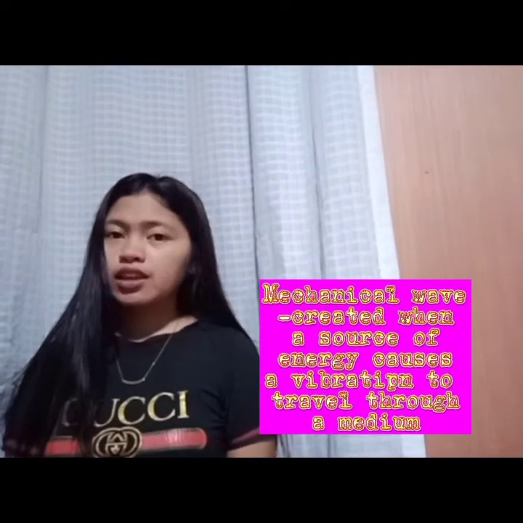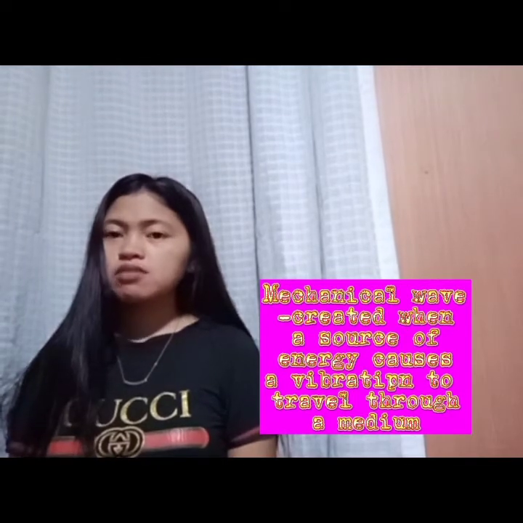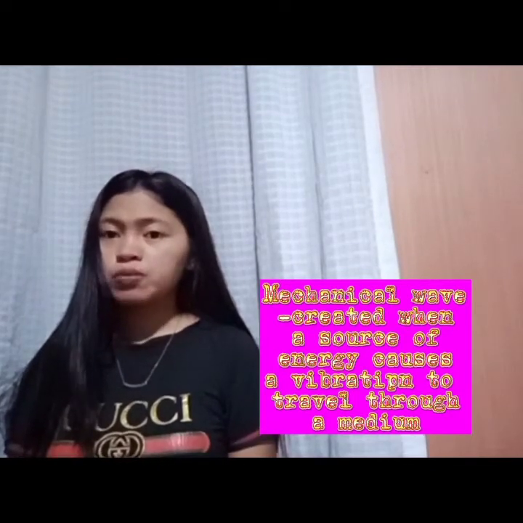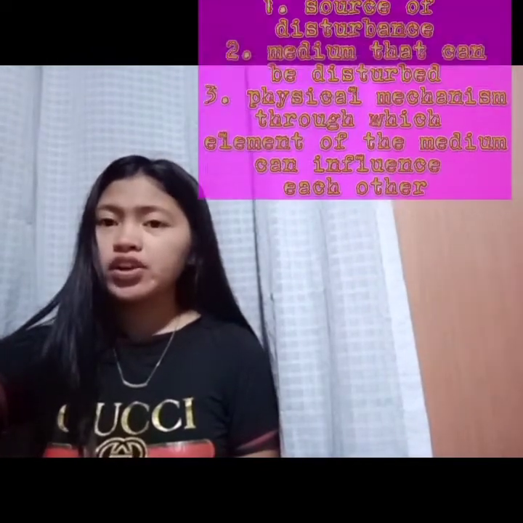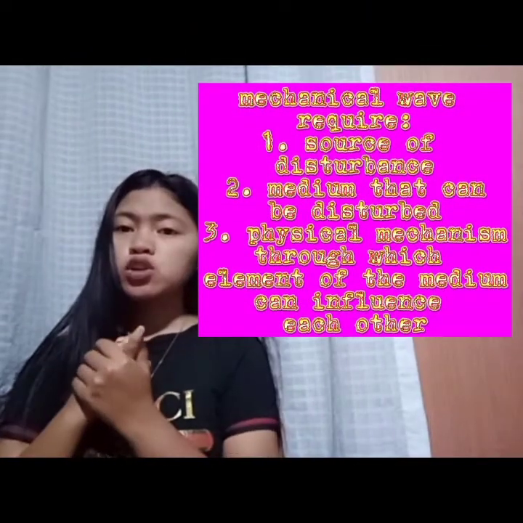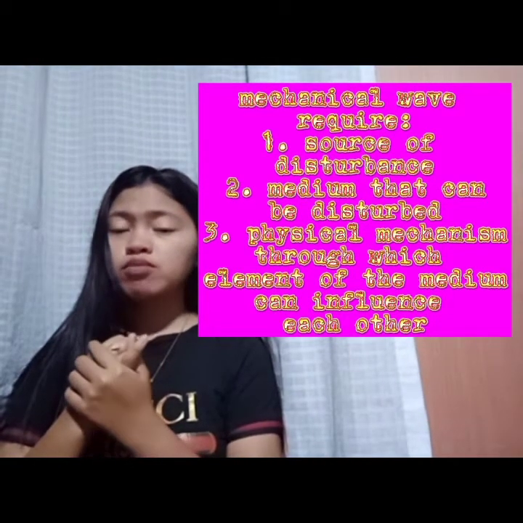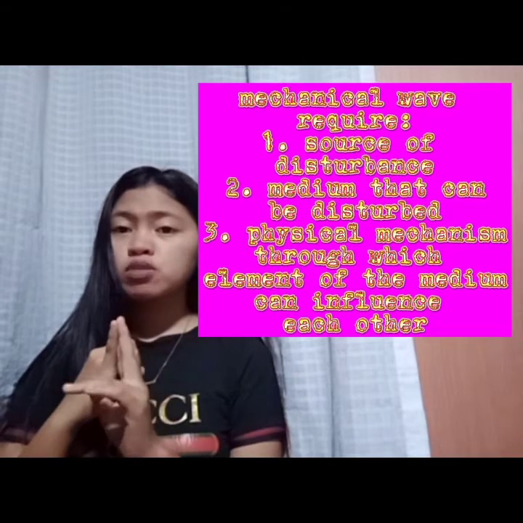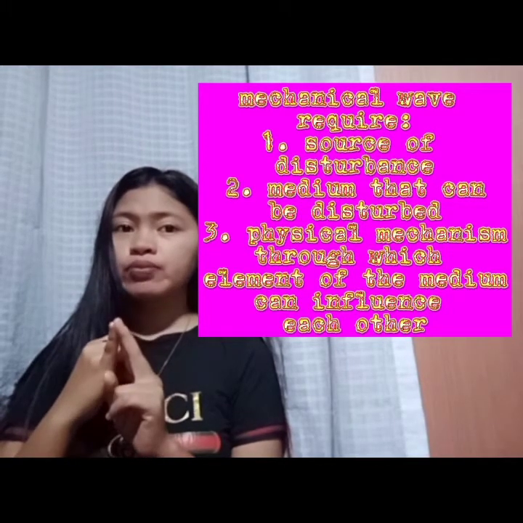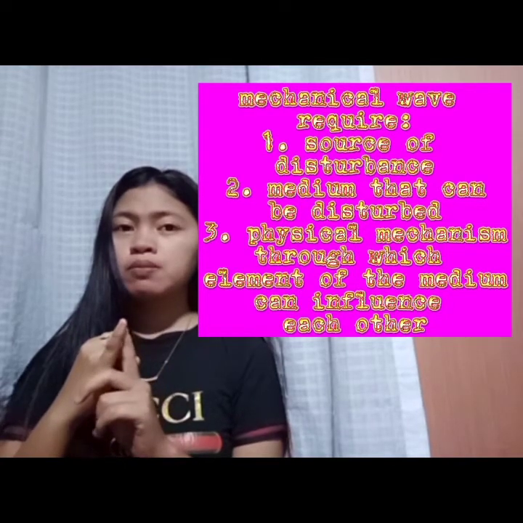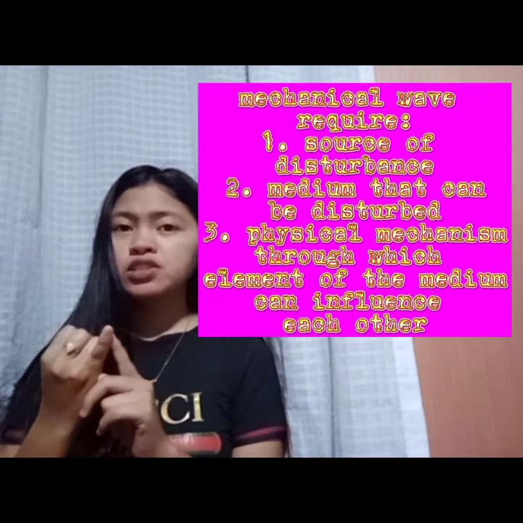A mechanical wave is created when a source of energy causes a vibration to travel through a medium. All mechanical waves require, first, some source of disturbance. For example, in a water wave, the source of disturbance is the energy of the pebble.